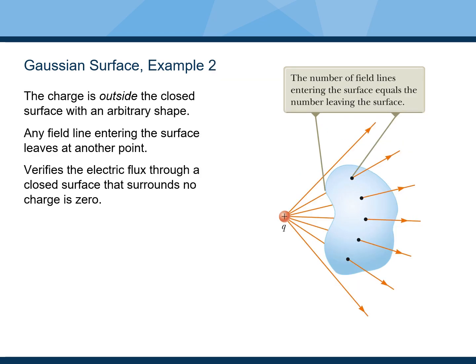Likewise, if you have a closed surface that lies entirely outside, that does not contain the charge Q, then for each field line entering that closed surface, there's another corresponding field line leaving it. Therefore, the net number of field lines is exactly 0.